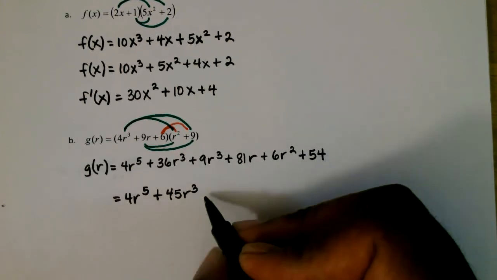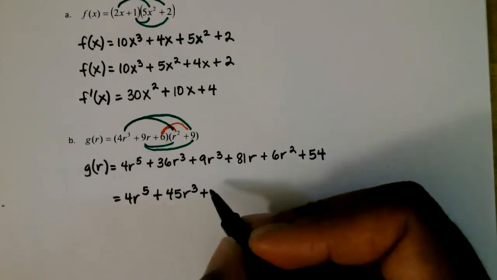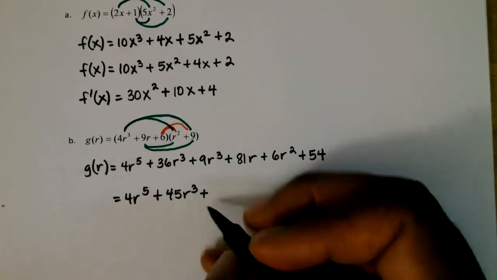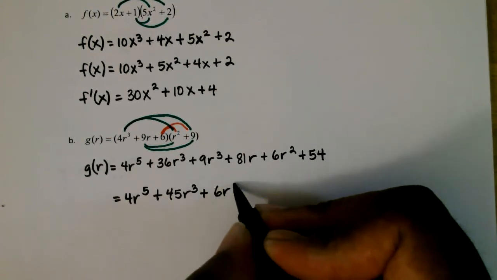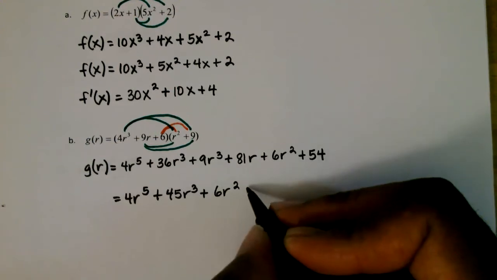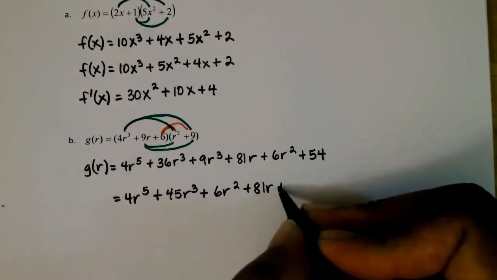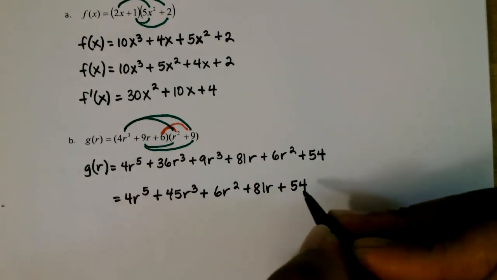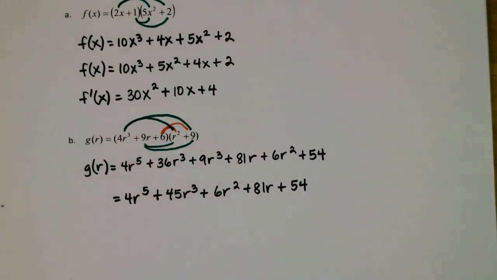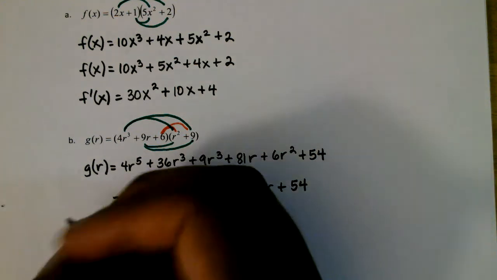And then plus, let me put the 6r squared in front. And I'm putting these in descending powers. And then plus 81r, and then plus 54. So simplified, g of r will be equal to 4r to the 5th plus 45r cubed plus 6r squared plus 81r plus 54.